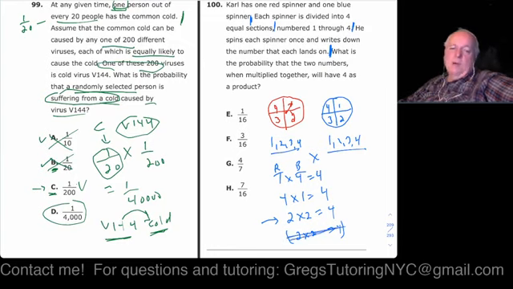Yes, 1 times 4 is the same as 4 times 1, but this is the red 1 times the blue 4, and the second one is the red 4 times the blue 1. So even though in terms of factor pairs it's the same factor pair, it's another choice given the context of what question 100 is asking us.